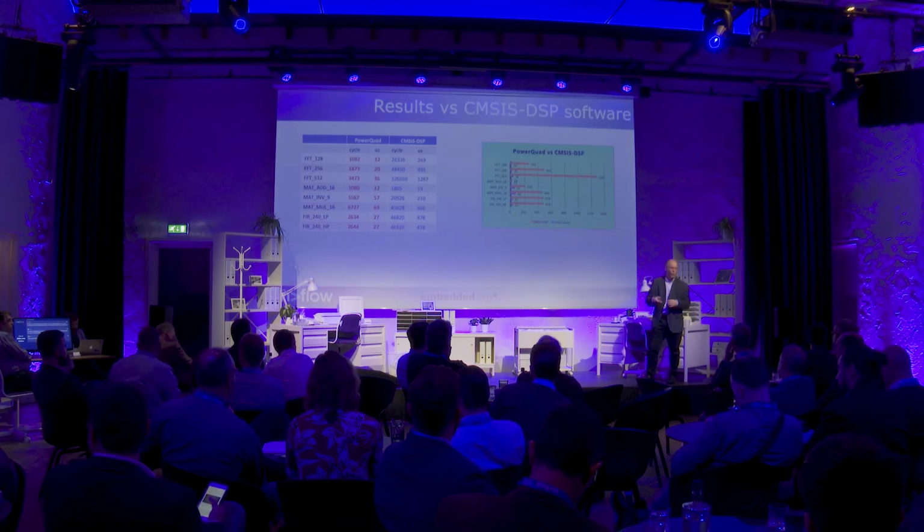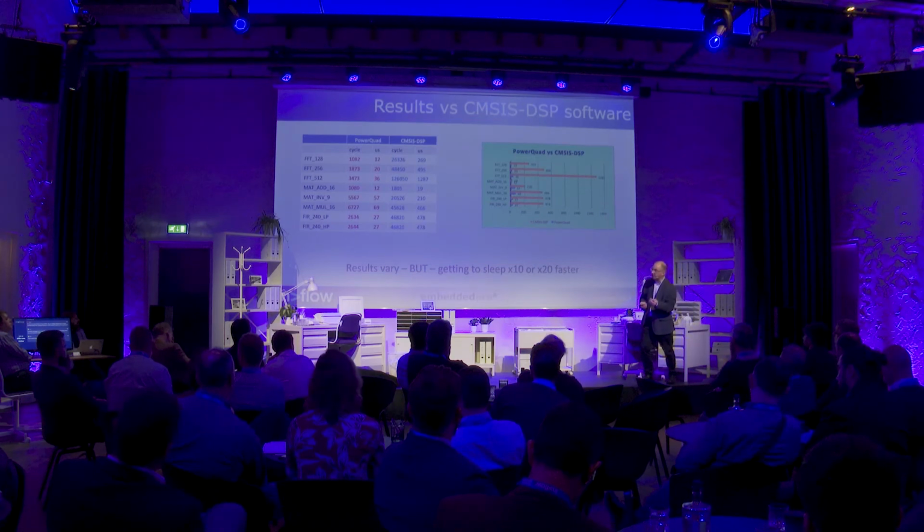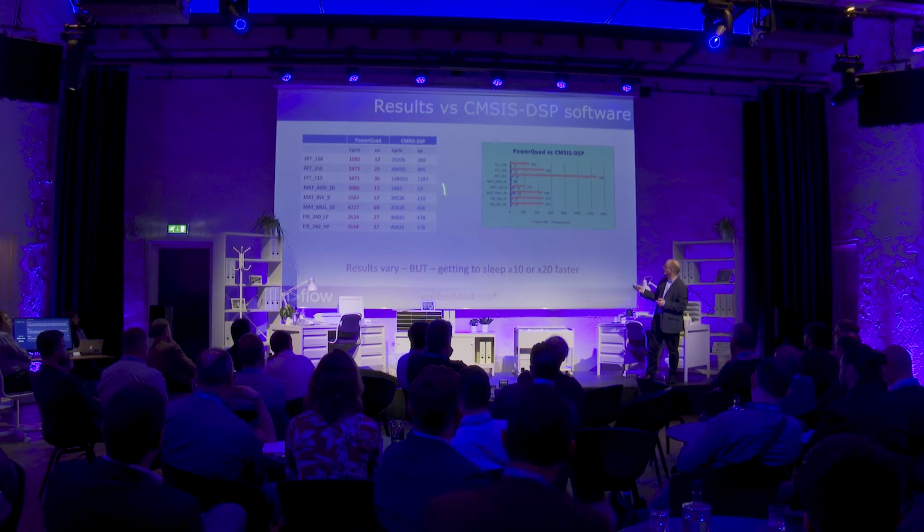Area under the curve, always lower with the hardware acceleration than doing things in software. Okay. If you can get to sleep 10 times, or 20 times, or I think this one here, 40 times faster, I can only improve the battery life of the product.